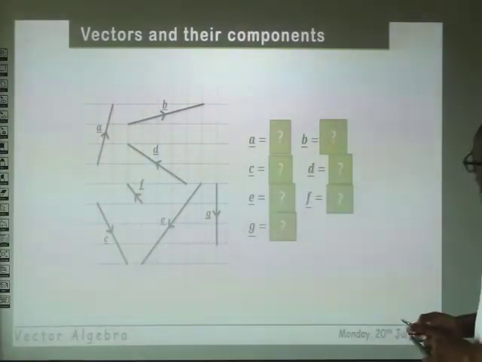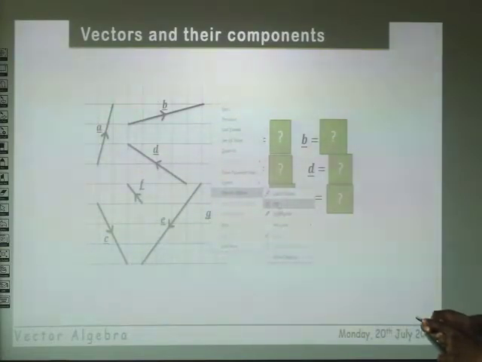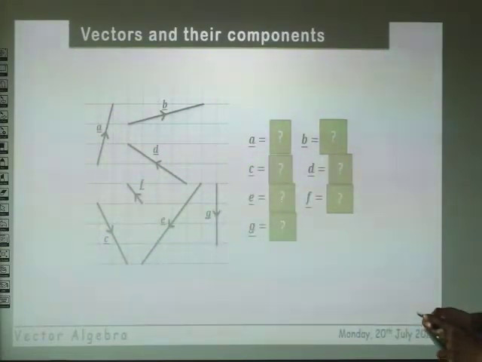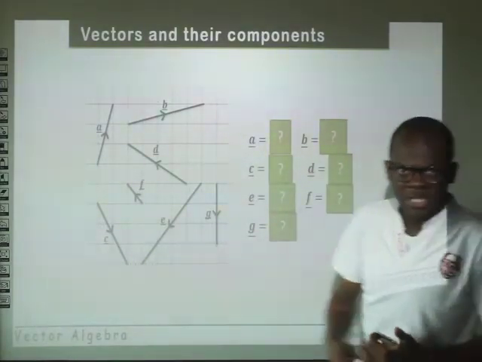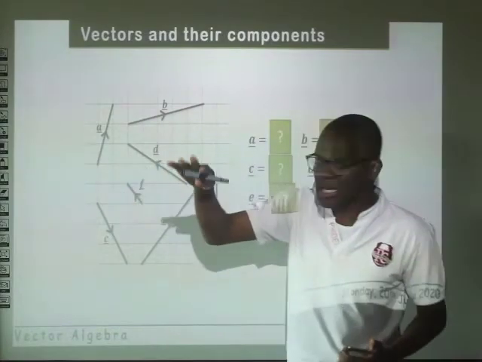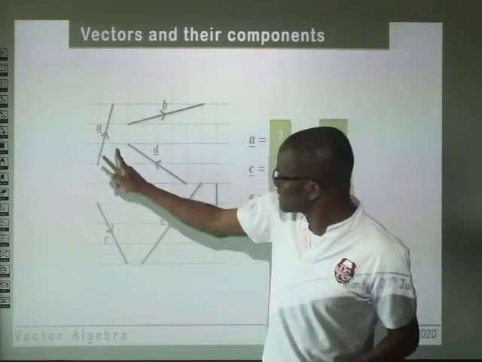Alright, so let's see. I may have to change this and select the pointer. Let us see what you reckon will be the vector A in component form. I'm just going to give you a hint along the way for those of you who cannot see clearly. For A, look at the direction of the arrow.